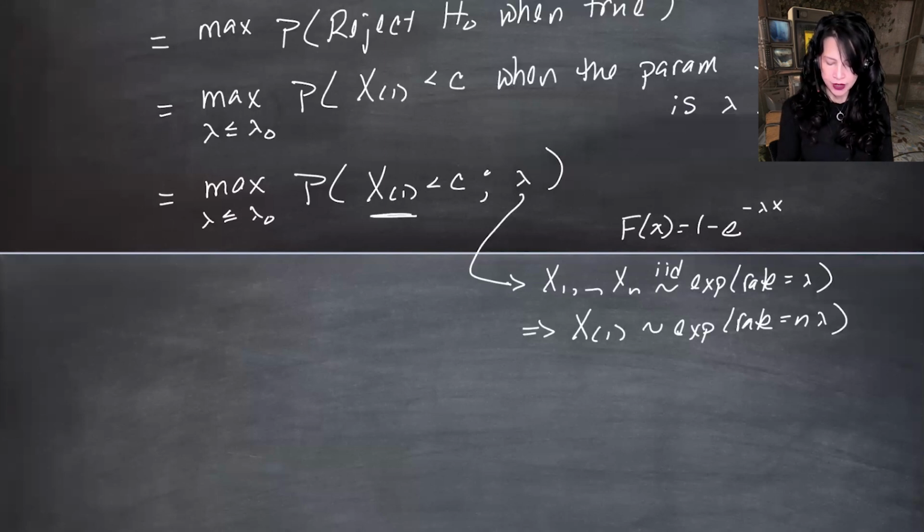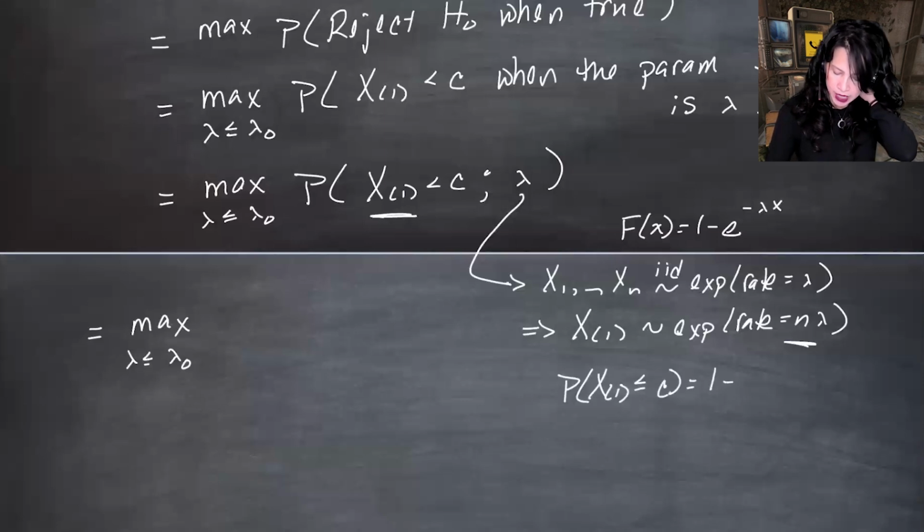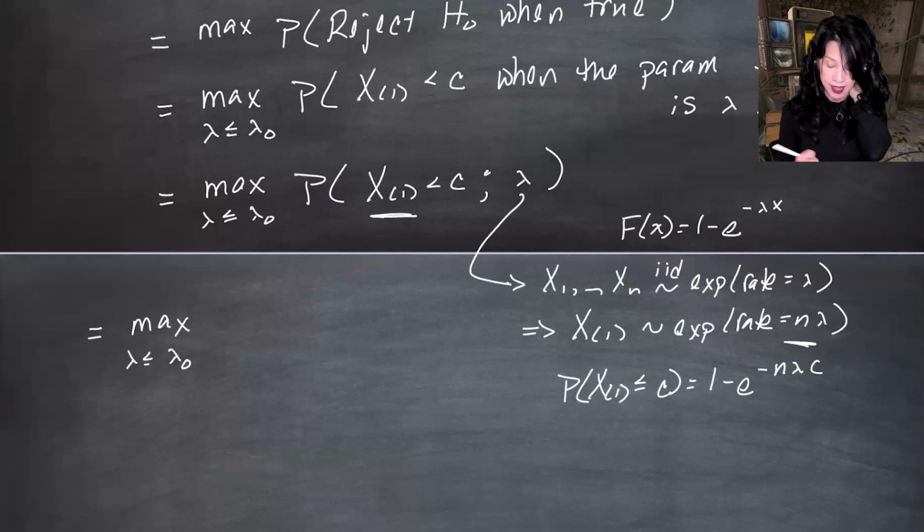So here I don't have an exponential with rate lambda, I have an exponential with rate n lambda, and that means that this probability, which is a less than probability, or less than or equal to, because the equal sign doesn't matter in the continuous case. So let me write this over here, sorry. The probability that the minimum is less than or equal to c is going to be 1 minus e to the minus n lambda c. C goes in for x and n lambda goes in for lambda.